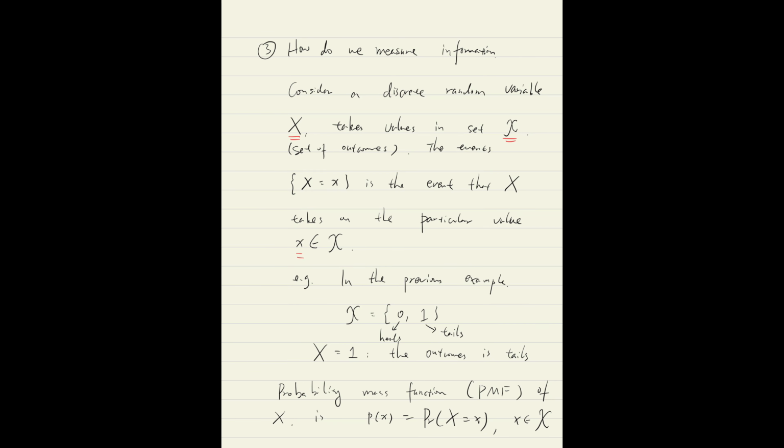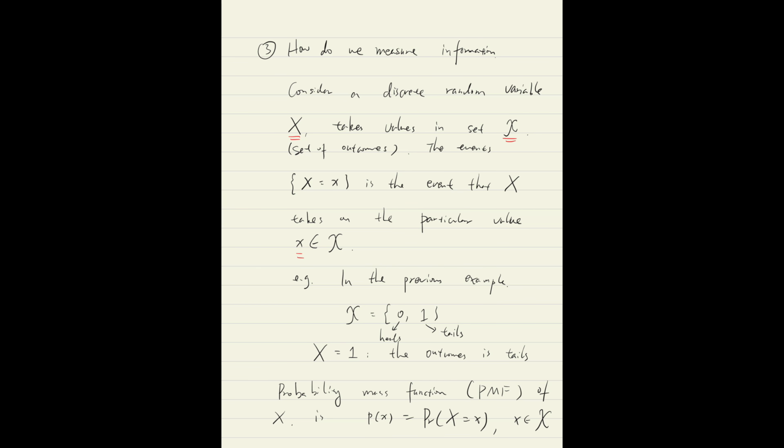Based on this, we can have our probability mass function, or PMF. Normally when we talk about PMF, it means we work on a discrete set, or here, a discrete random variable.